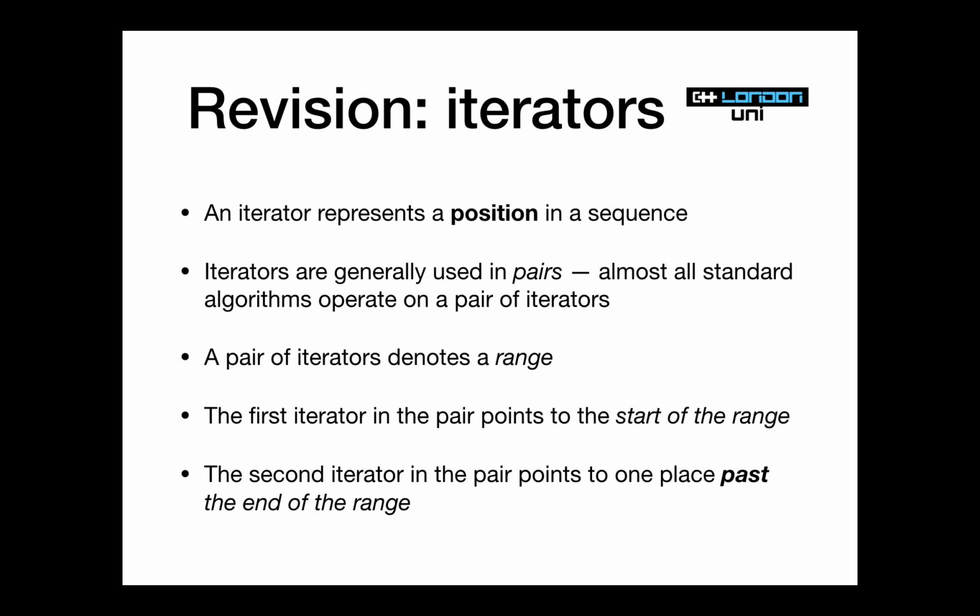If the container is empty, and you call begin, it returns something that's equal to end, so begin returns an iterator to one past nothing, sort of abstractly. It makes it easy to represent empty sequences. It also makes various algorithms easier to implement when you do it like this.